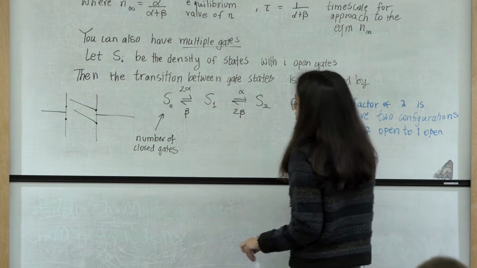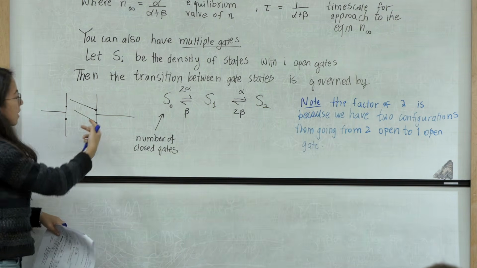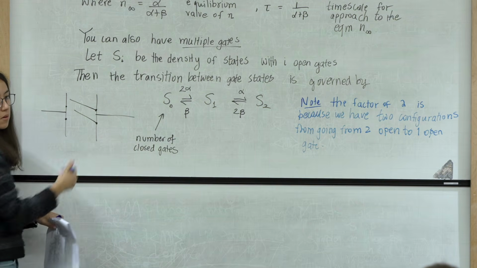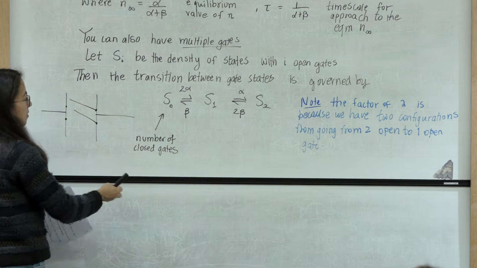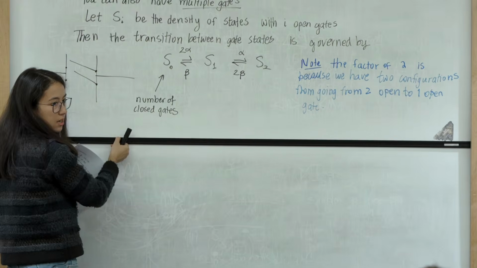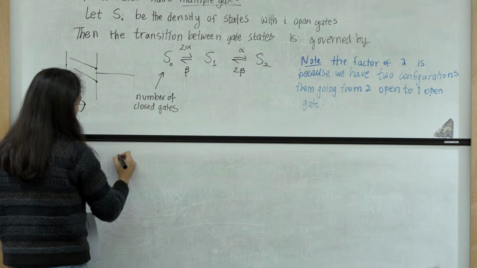I'm not going to write it also for close, but you get it, right? Basically, if I have 2 open, this one can close or the other one can. OK, so once we have set this up, you can also write down again, using the law of mass action, the equations for these states.